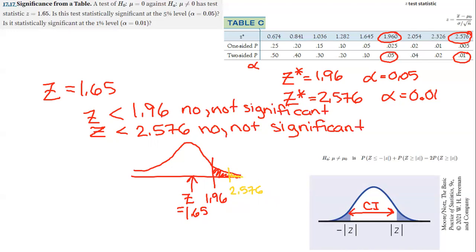So if you fail to be significant at the 5% level, you will also fail to be significant at the 1% level. So we have not significant at either level.